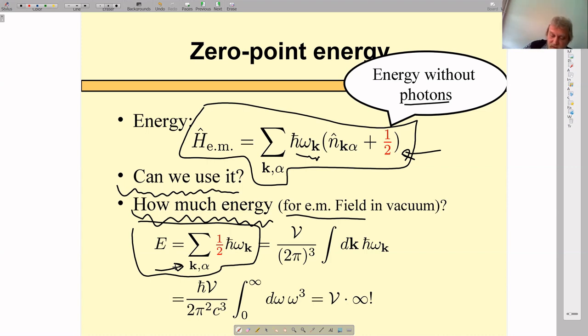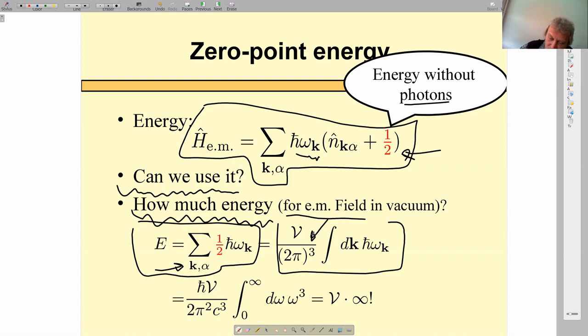First, we transform the sum into an integral, and we will see it is infinite because the volume is infinite. Well, we can divide by the volume and get a finite energy density, energy per element of volume.